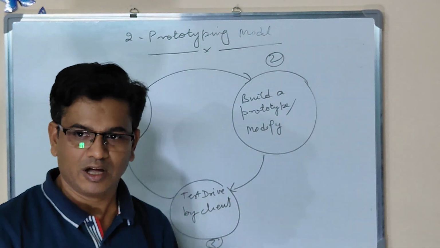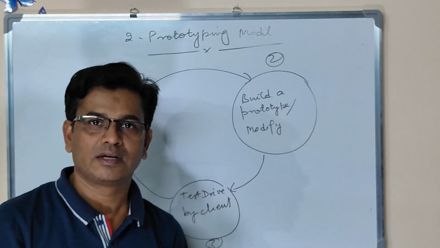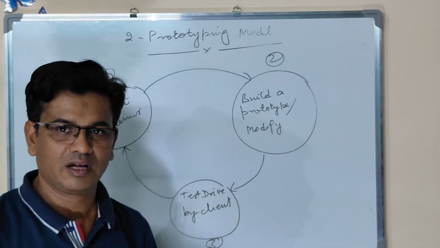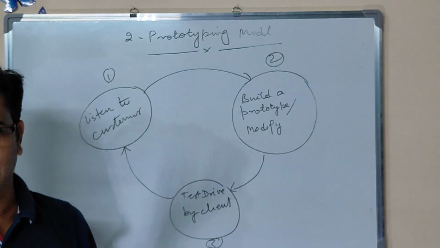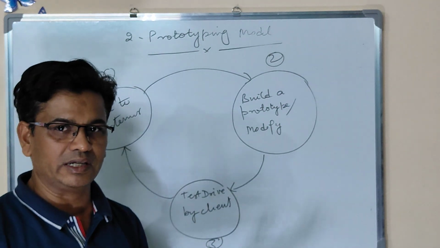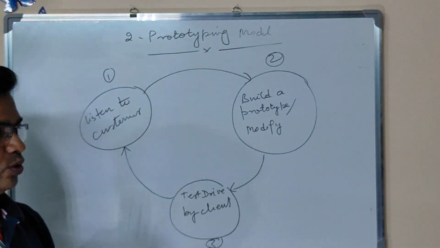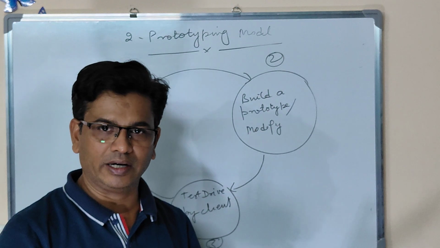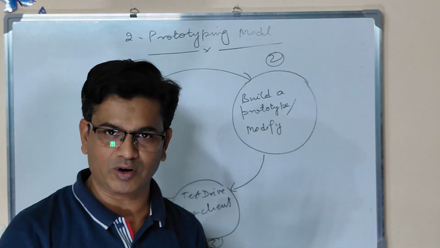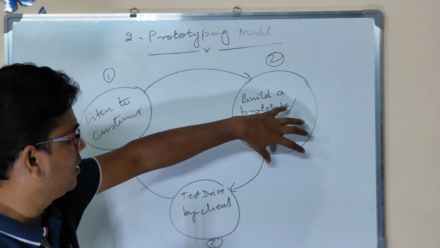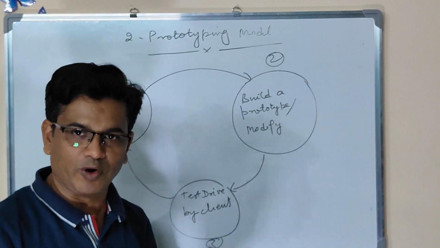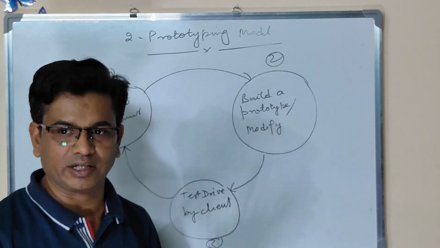When the development team is developing a prototype, they follow the phases of SDLC, not in a detailed manner, but they definitely do the planning, designing, coding, and the testing team will also test this prototype, not in depth.